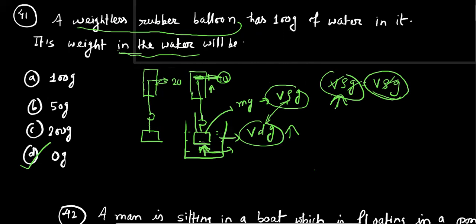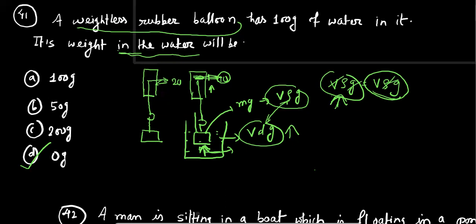The amount of upthrust acting on this balloon is exactly equal to the weight of the water placed inside the balloon. That's why there is no change in weight. The pointer does not move downward. So the total weight in water is 0. So this is all about question number 41.